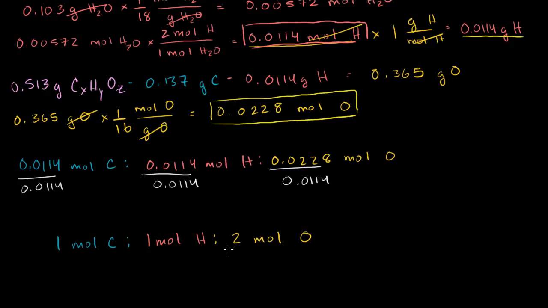So that tells us our empirical formula for our mystery acid. We don't know the molecular formula, but we know the simplest whole number ratios. It must be 1 carbon for every 1 hydrogen, and for every 1 carbon and 1 hydrogen, we must have 2 oxygens. So it's CHO2. That is the empirical formula for our mystery acid. Hopefully you found that fun.